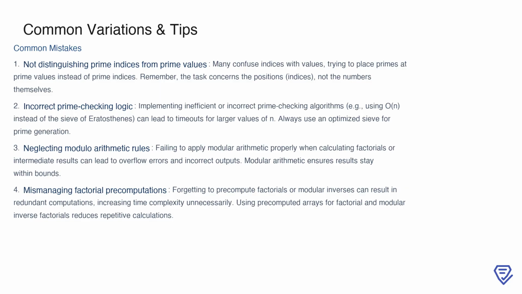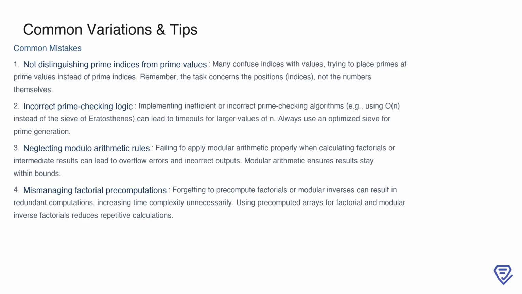Another common issue is using inefficient or incorrect methods to identify prime numbers. For larger values of n, a naive approach with O(n) complexity can lead to timeouts. Instead, you should use an optimized algorithm like the sieve of Eratosthenes, which operates in O(n log log n) time.